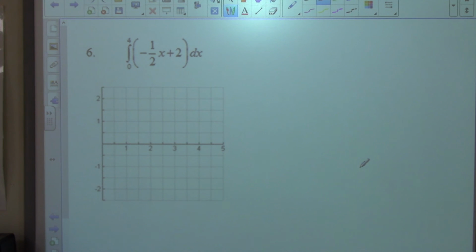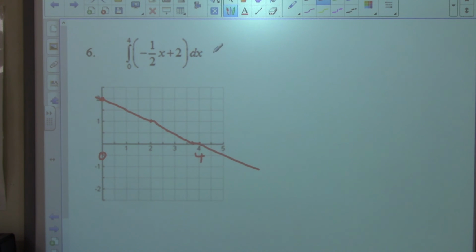Okay, does anybody have 6? Kaylee, what do you got for 6? Starting at 2, okay. Going down 1 over 2, right? So here's down 1 over 2, so it's going to be like this, isn't it? And we're going from 0 to 4, right?